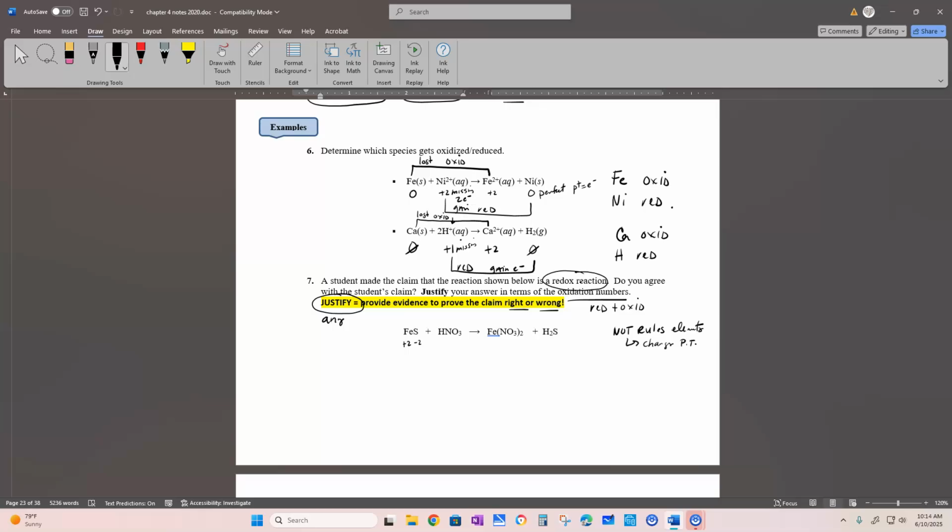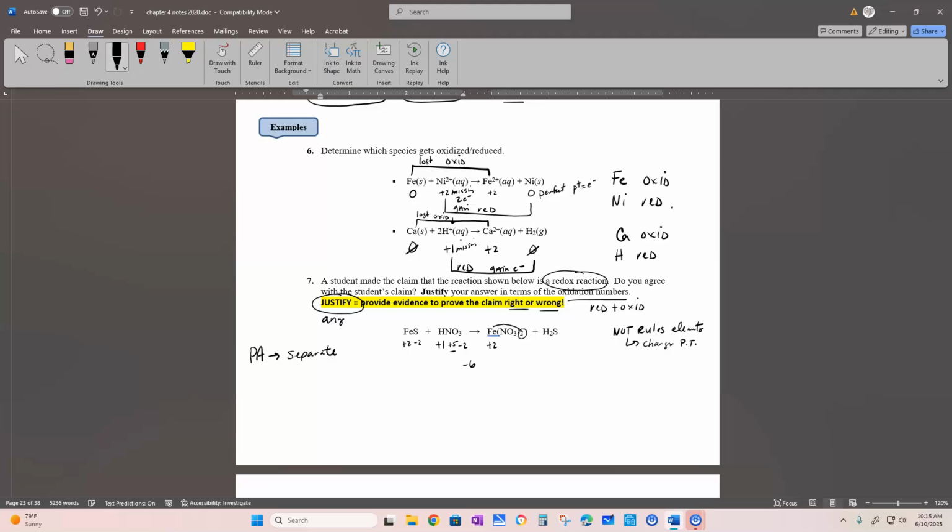Nitric acid: hydrogen, normally +1, oxygen -2, and I don't see a metal in there. 3 times -2 is -6, so that must mean 1 plus something equals -6, so nitrogen has to be +5. Iron, well, this 2 right there came from iron, so that iron is +2. Now, what about polyatomics? When you have polyatomics, you have to do them separately.